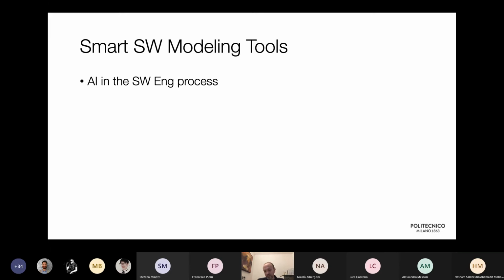So how to use, for instance, language analyzers, also implemented with deep language models, for understanding and learning how people write code and improve their experience in code writing.